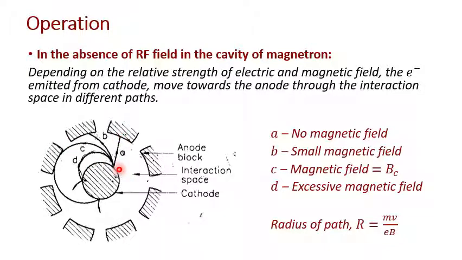Here you can see in this figure there are mainly four trajectories shown for the electron. In the absence of a magnetic field, that is when B is equal to 0, the electron will travel straight from the cathode to the anode due to the radial electric field force which is acting on it.